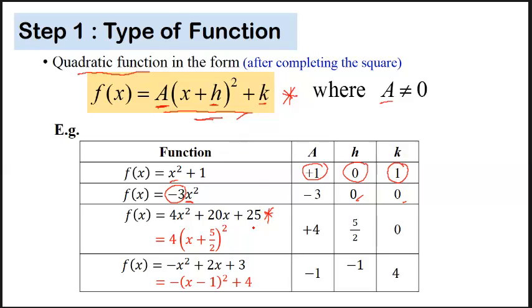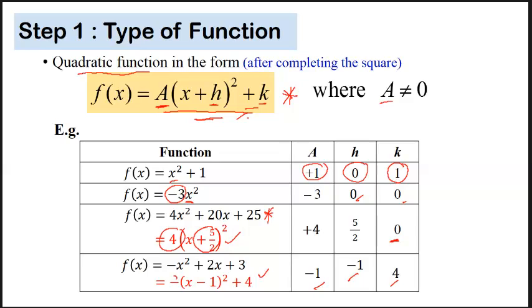However, we still can obtain the form that we want by doing completing the square, and this is the result that we have. But you can find out that there is no constant k there, which is k equals 0, and we have the h and also the a. Then the last one, a similar idea. After completing the square, we can have the corresponding a, h, and k as compared with the formula on top.